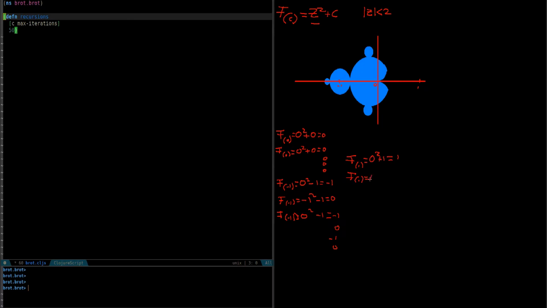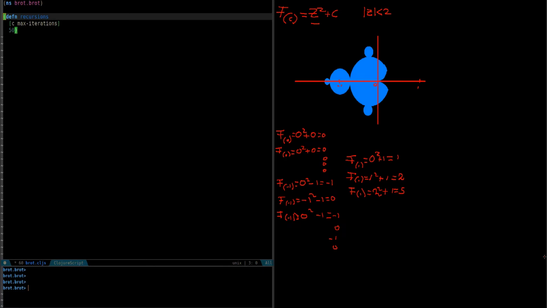So that gives us z is 1 squared, which is 1, plus 1 gives us 2. Let's continue. f_1 equals 2 squared plus 1 gives us 5. After recursively iterating this function 3 times, the absolute value of z has grown bigger than 2, so 1 is not part of the Mandelbrot set.